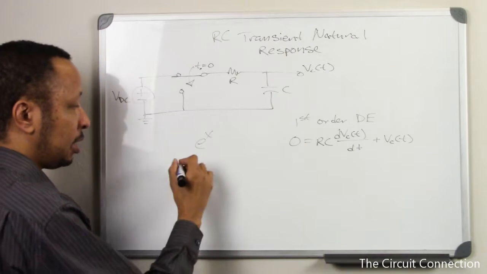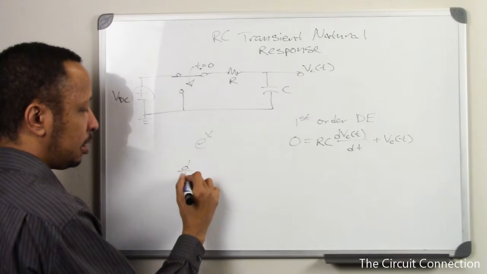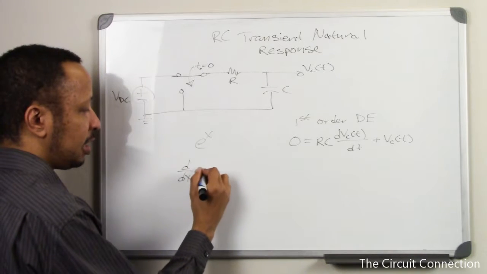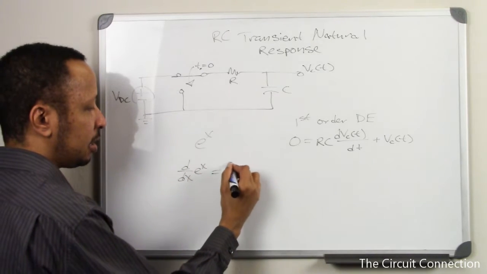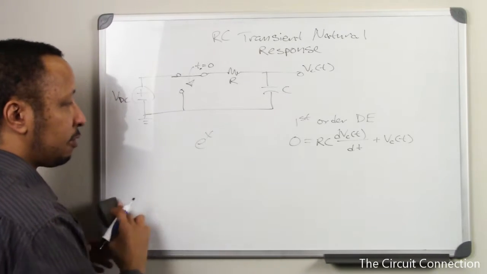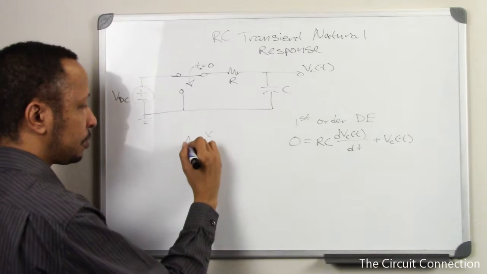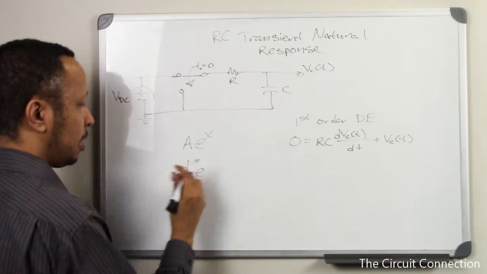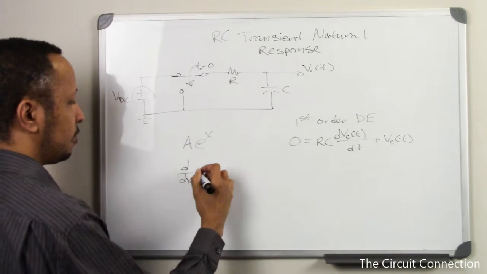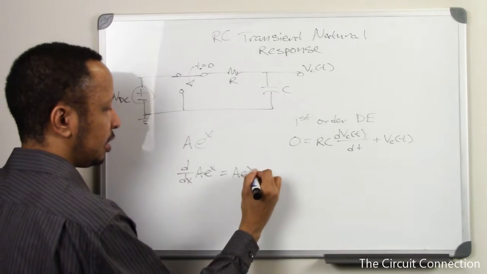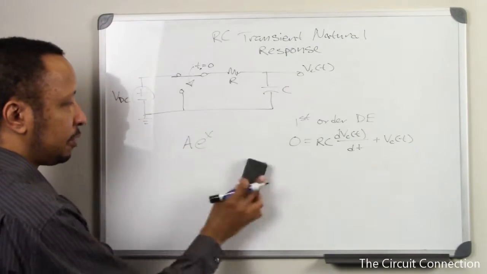If we differentiate, in general, d dx of e to the x, what do we get? We get e to the x. Now, if we have a constant there, and we say d dx of a e to the x, now we have a e to the x, and so forth.